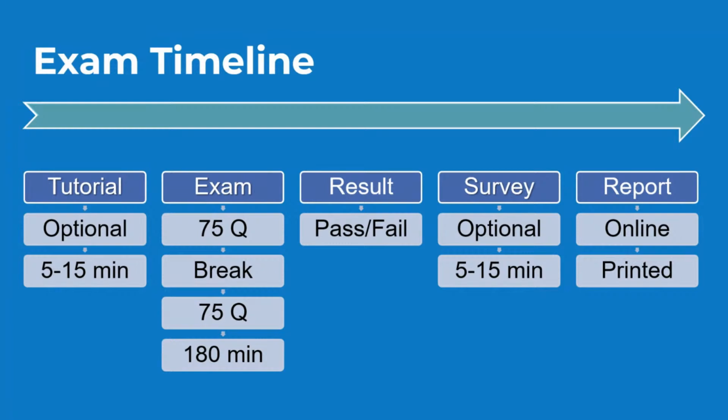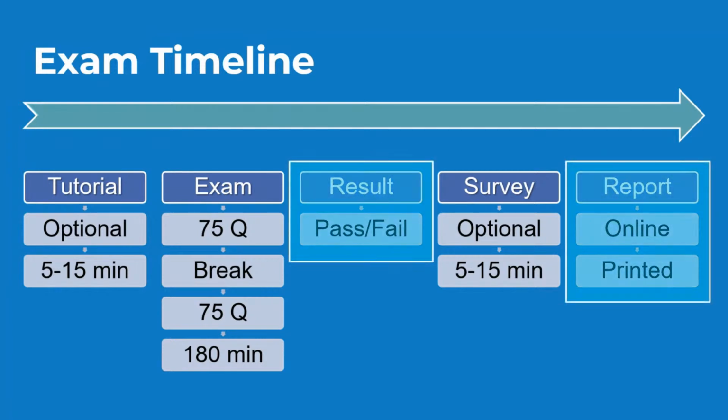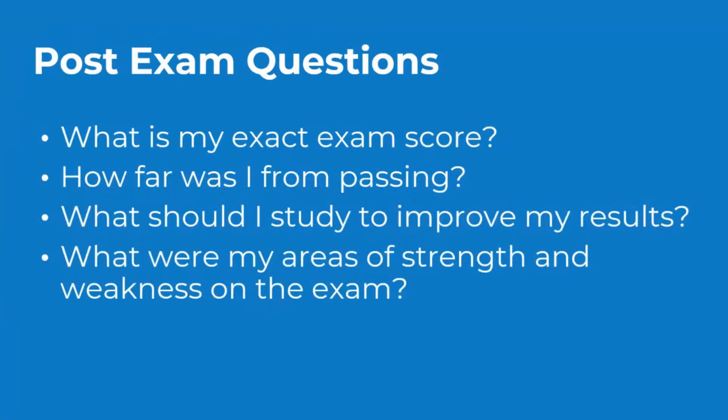Our focus for the rest of this lesson is on these 2 areas here. We'll talk about what constitutes a pass-fail, as well as look into the report that PMI gives you. We want to review these 2 things because once you are done with the exam, you'll probably have a few questions that you would like to have answered.